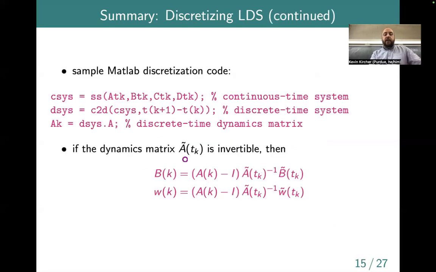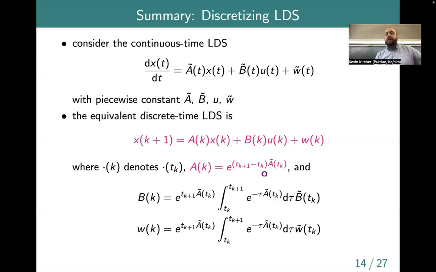But in the case where the matrix A tilde is invertible, then those integrals on the previous page simplify, and they just involve basically A inverse and again a difference A minus I. And so this is something now that you could program entirely. So first you could compute A of k, which is different from this A tilde here, right? So A of k is defined as the matrix exponential of A tilde.